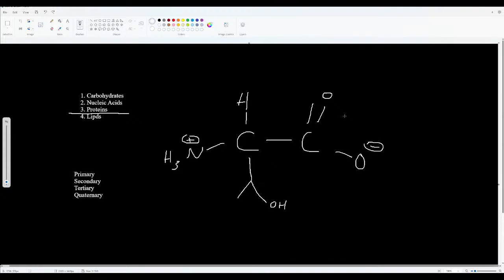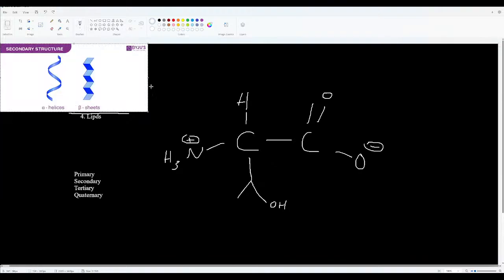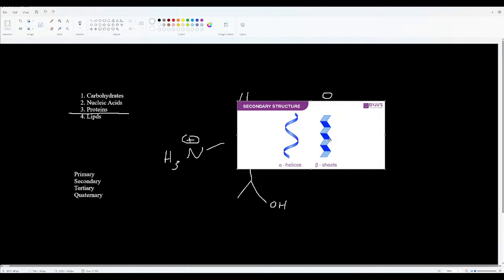It's just going to have that partial charge. It's going to want to make hydrogen bonds with other stuff. And when proteins in these large complex structures make these hydrogen bonds between the backbones, you get this. Alpha helices and beta pleated sheets, or just beta sheets. That is secondary structure. That's as simple as it gets. Alpha helices, beta sheets. These are both secondary structure.